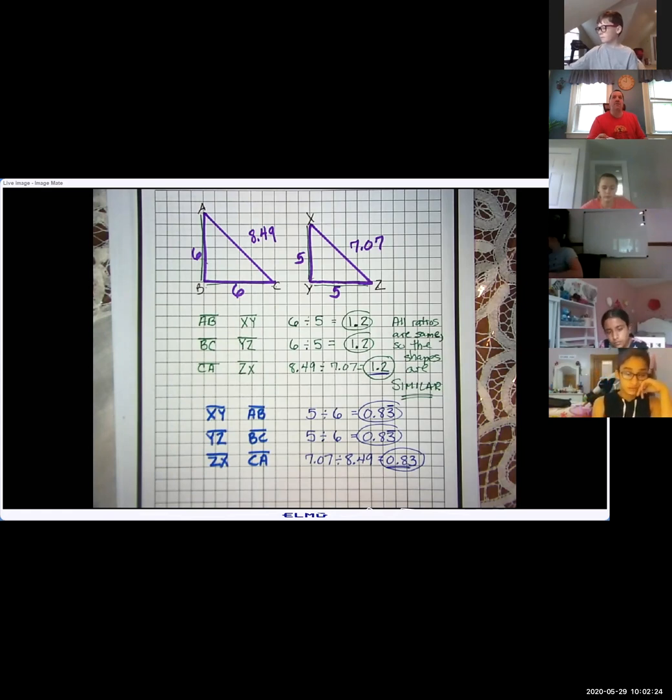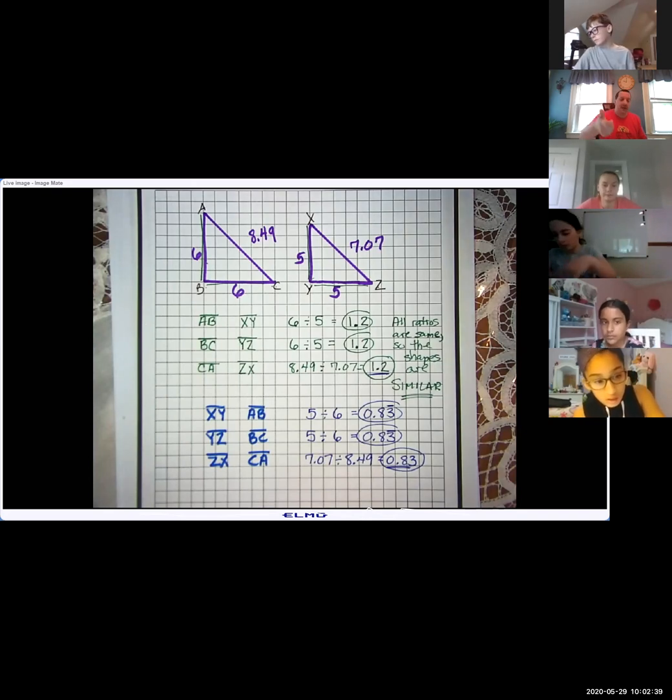In one of the sections, they give you shapes with no numbers, so you can't find out mathematically. You're supposed to use your eyes and see if they look like they're congruent. And then you're going to do some corresponding angles in the last section.